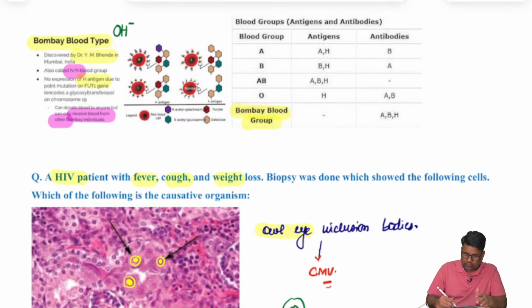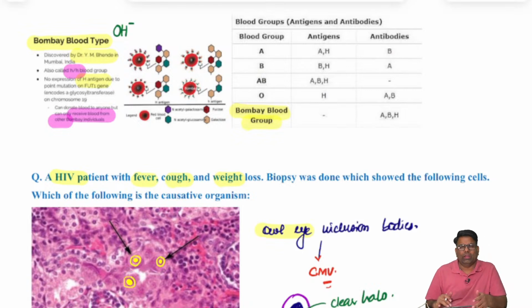How to identify owl cell. What is important for you to understand here is there is a clear halo.